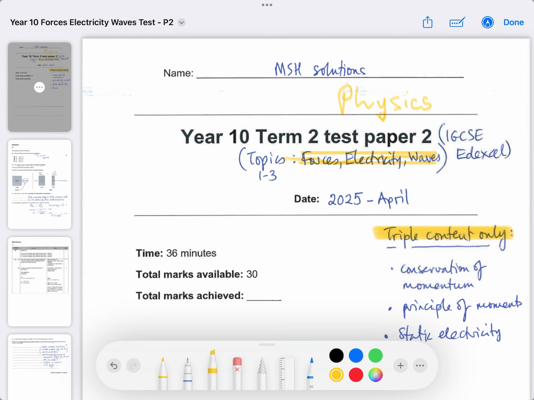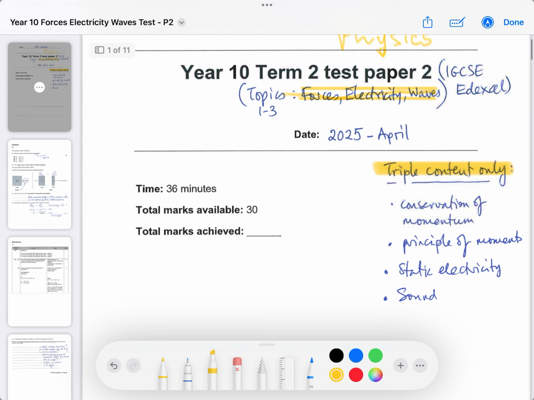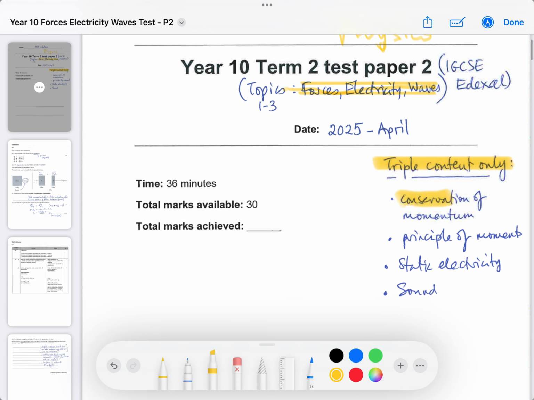All right, so what do we cover in this test? It's only 30 marks. It's conservation of momentum. So that's from forces. Principle of moments, also from forces. Static electricity phenomena, okay, and sound. So these are all the bits of the first three topics which do not get tested in paper 1.